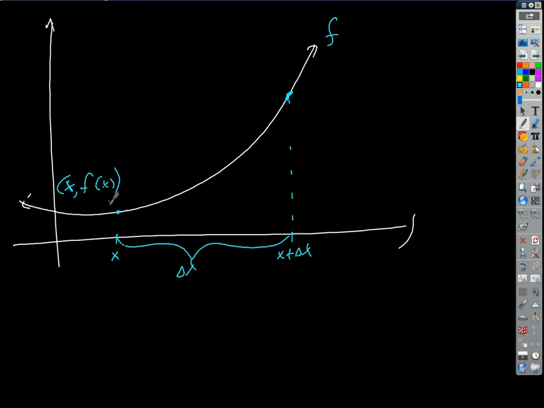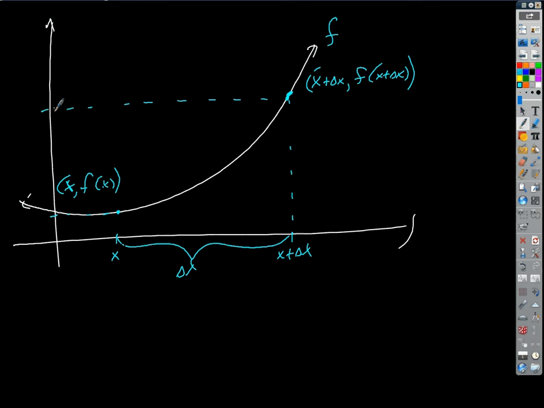Everybody agree? Okay, and then this would just be the point X plus delta X, f of X plus delta X, right? Okay, so there's the y value for that one. There's the y value for that one.